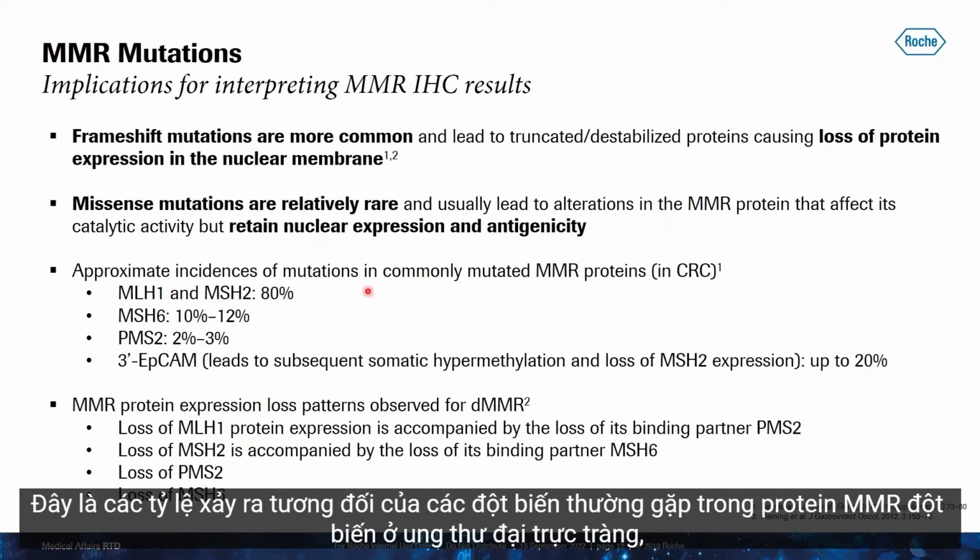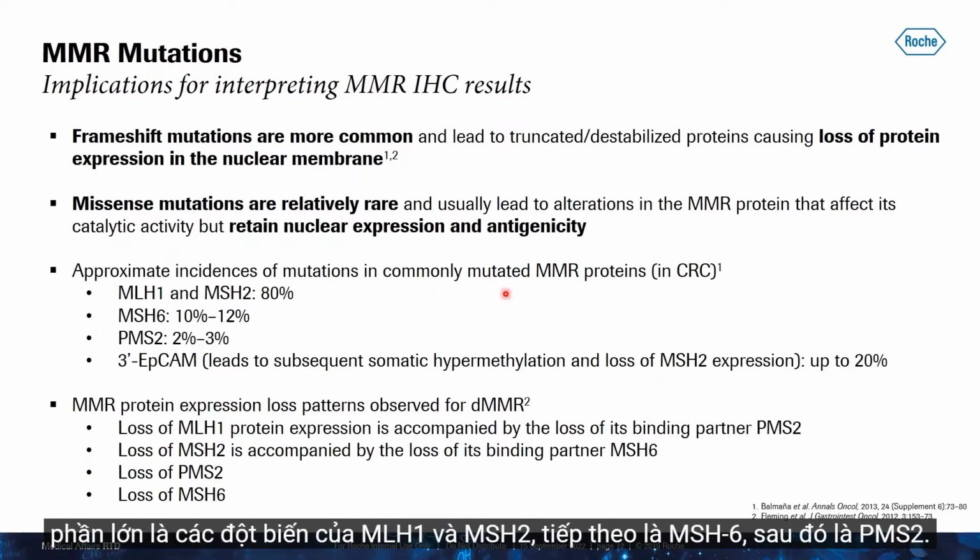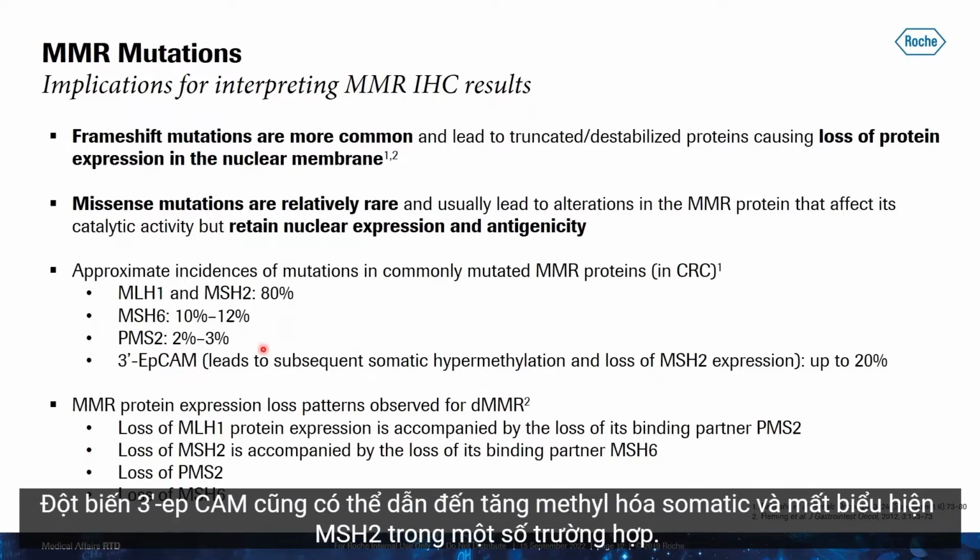Now, approximate incidences of mutations in commonly mutated MMR proteins in colorectal cancer include a majority of mutations in MLH1 and MSH2, followed by MSH6, then PMS2. Now, 3' EPCAM (epithelial cell adhesion molecule) deletion can also lead to subsequent somatic hypermethylation and loss of MSH2 expression in some cases.